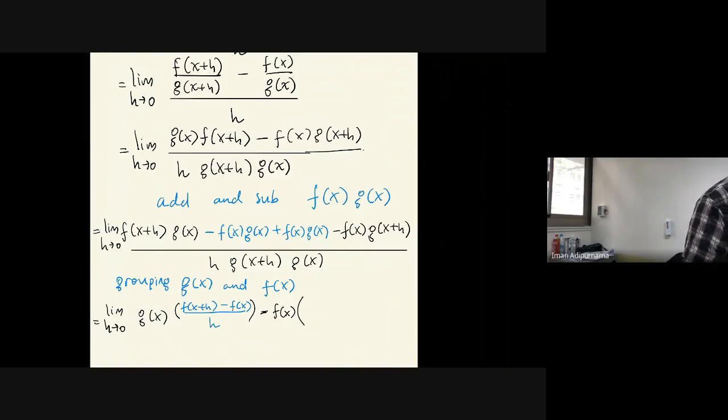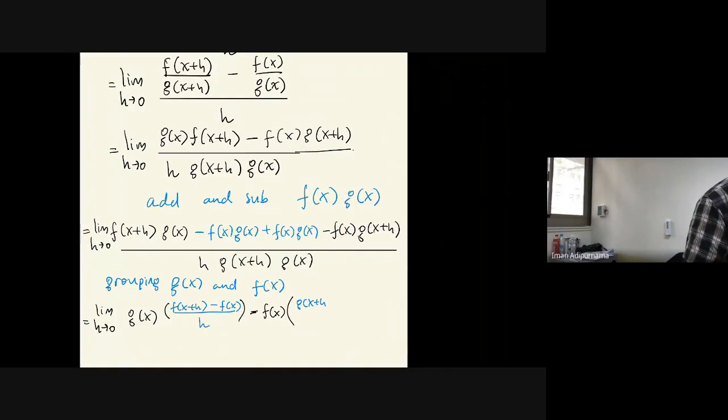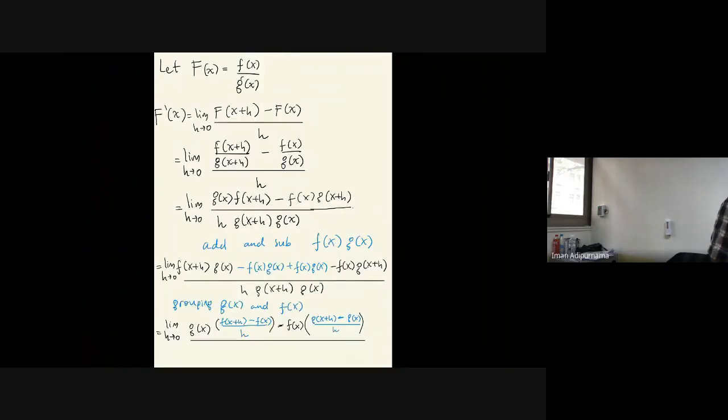So I will start from this g(x+h), because it has negative f(x), and then minus f(x)... g(x), sorry. Okay, and then all the expression divided by g(x+h) and g.